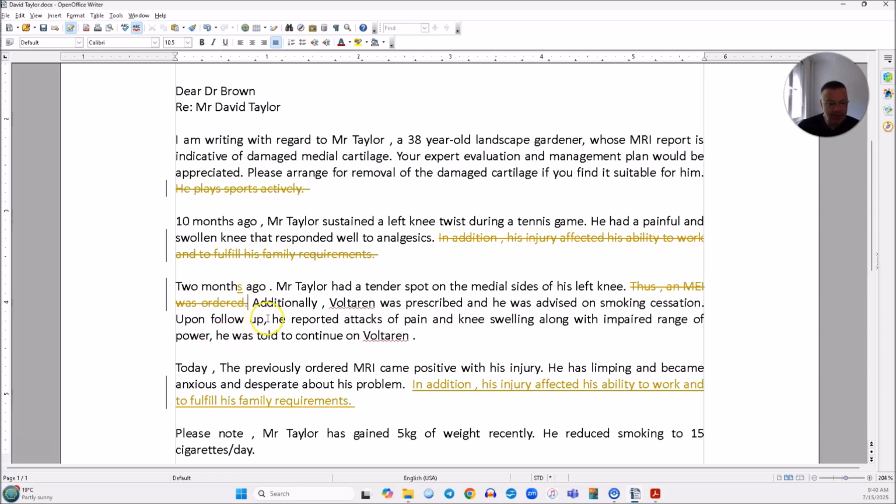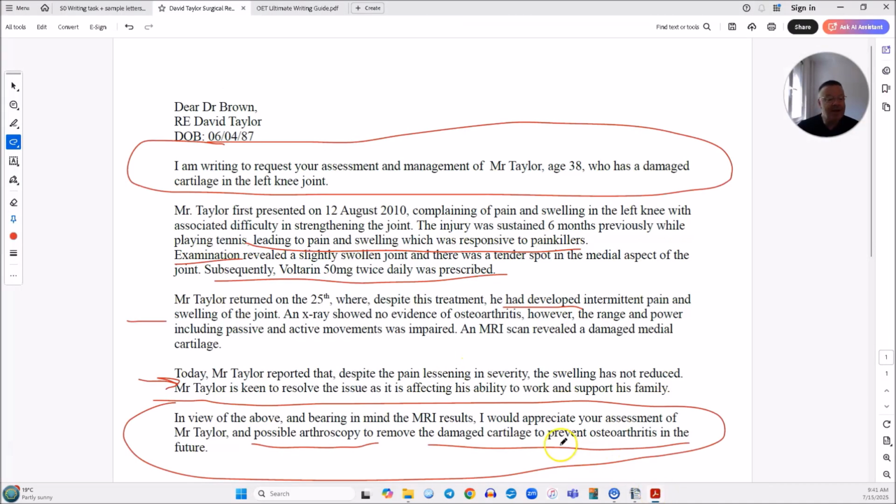Upon follow-up. So, when was it? This is why you need to put markers, so we know exactly what you're talking about. On the 12th, the 25th, today.